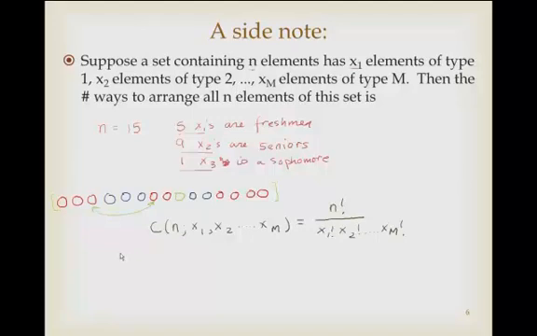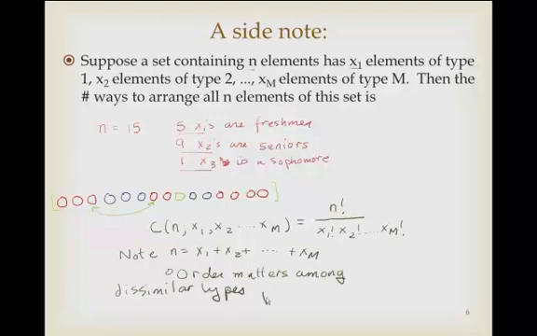So we also note that n is equal to x1 plus x2 plus ... plus xm, and order matters among dissimilar types of elements, but it doesn't matter among similar types.